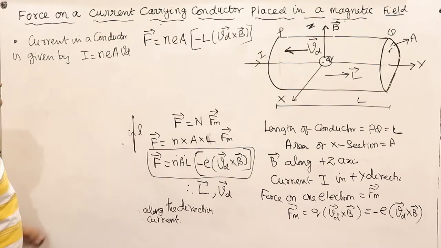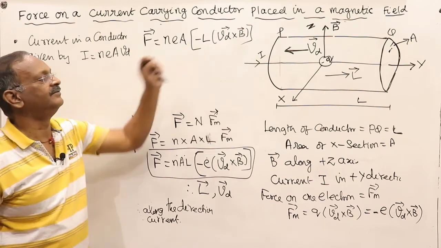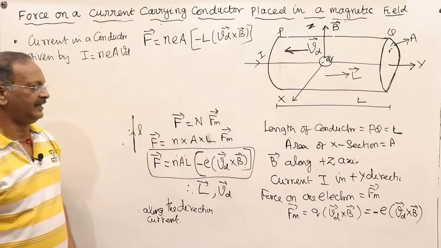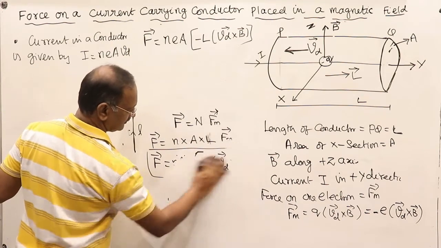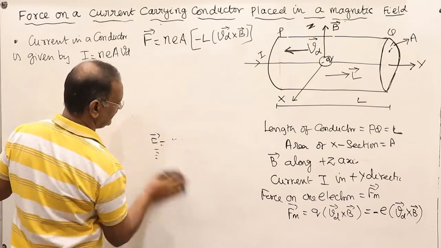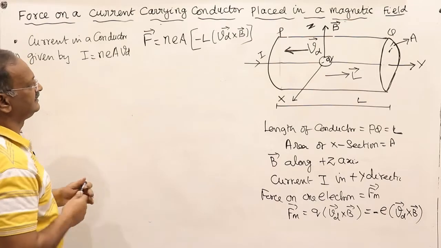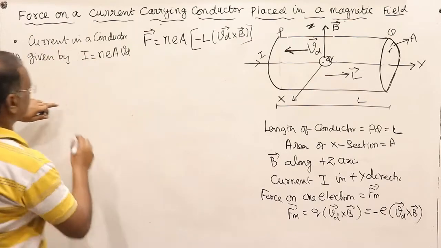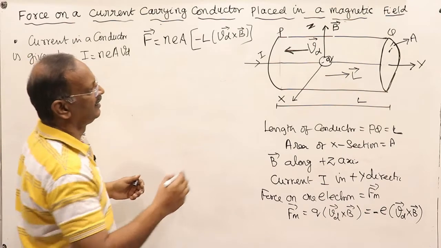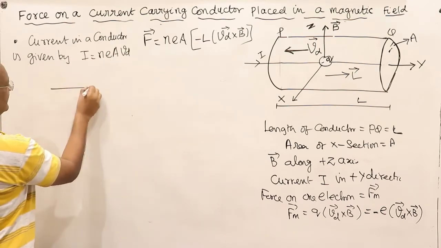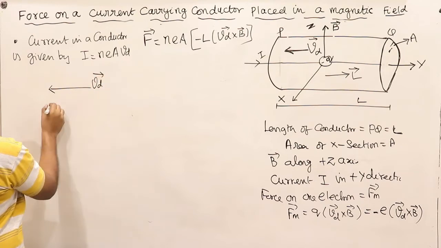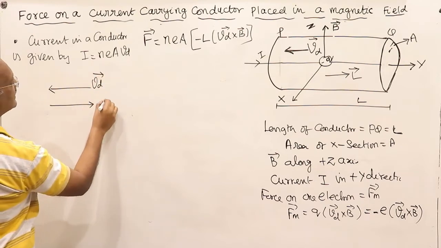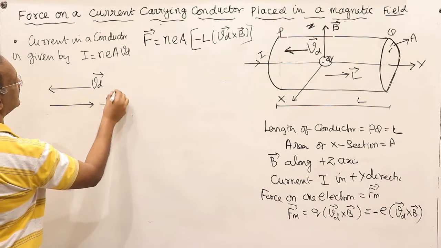So NEA and Vd, now we have to take the Vd out. How will we take the Vd out? Now here, the drift velocity in the conductor is in this direction, and this direction we can say is the negative of drift velocity.